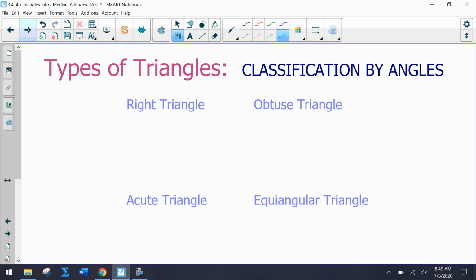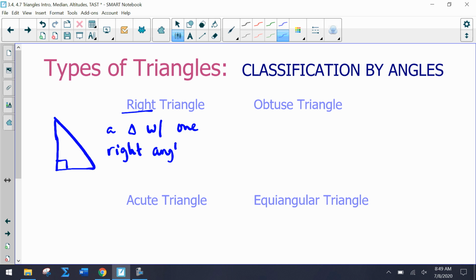So here are the ways that we can classify triangles by their angles. We have right triangles. So if I drew a triangle with one right angle, that is a right triangle.